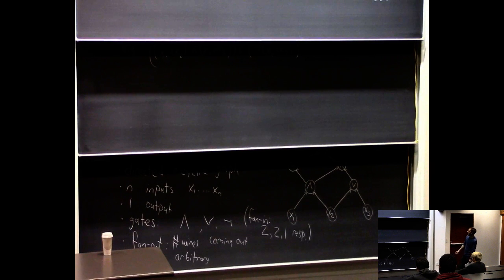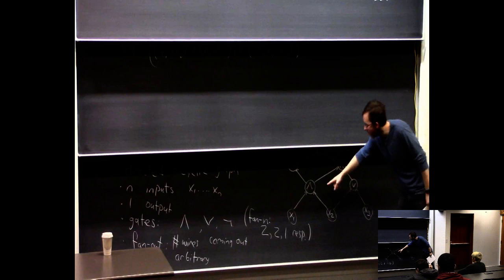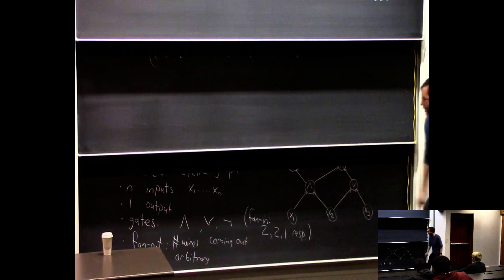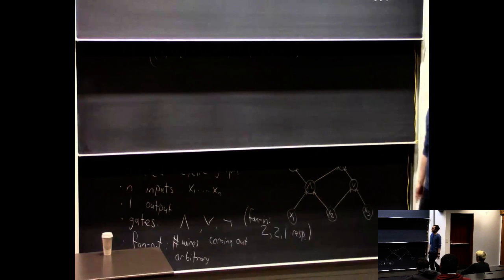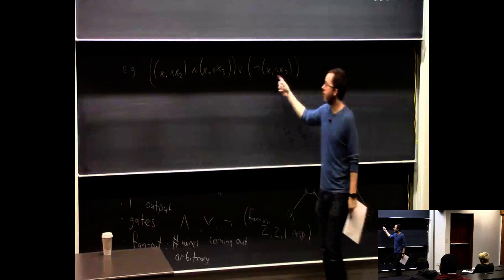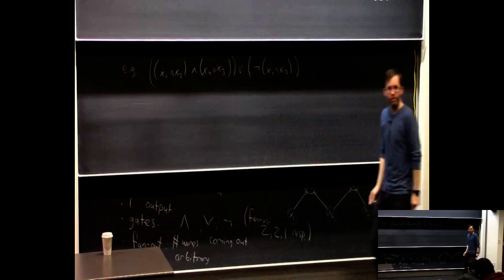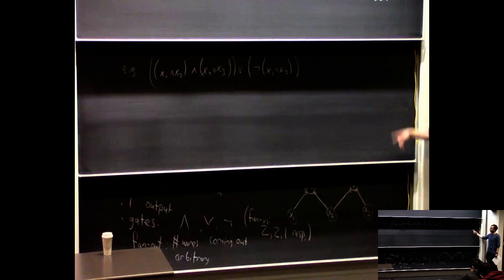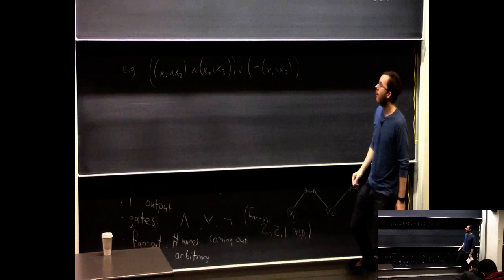But what you can see is, if you want to make this circuit into a formula, this guy has fan out 2. So I computed x1 and x2 here, and I want to use that twice. In the circuit, you just put the wires out of it. But in the formula, you have to write it down 2 times, which makes the size of the representation bigger. So these two things are computing the same function, but it's bigger to write this one down.